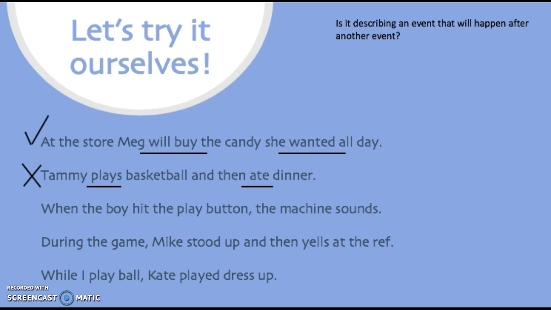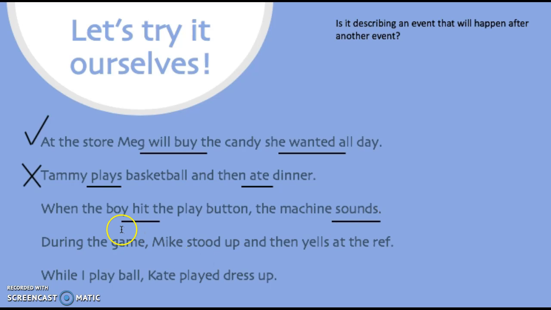Alright, so now let's look at the third sentence. When the boy hit the play button, the machine sounds. Is it describing an event that will happen after another event?